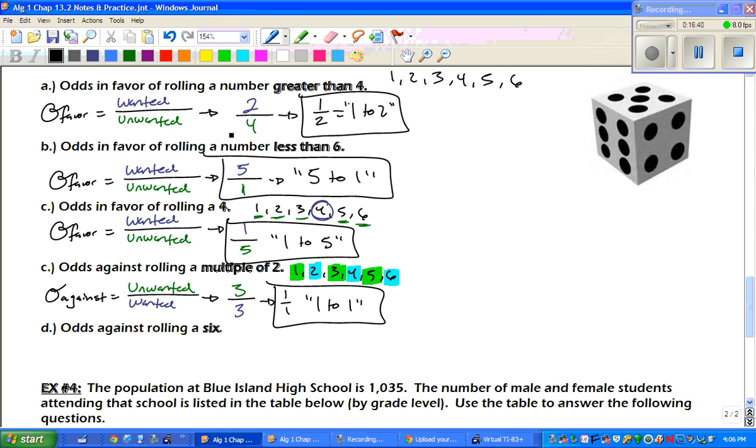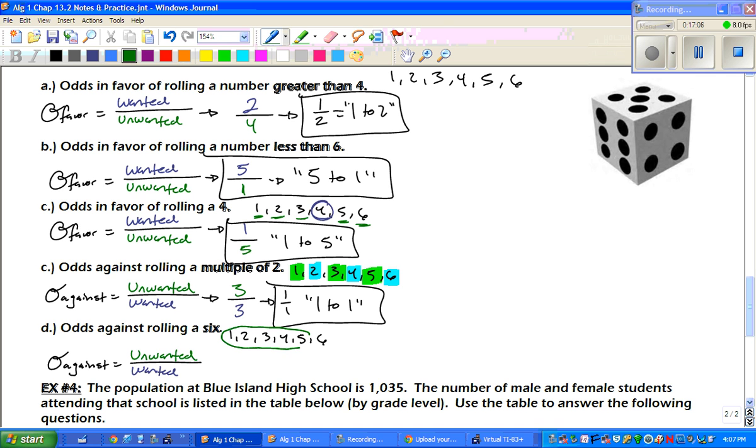Mr. Grice is forgetting to circle his answers. Okay? So now the next one, it's odds against. So copy that so I know what we're doing. Our unwanted over our wanted. So 1, 2, 3, 4, 5, 6. Odds against rolling the 6.